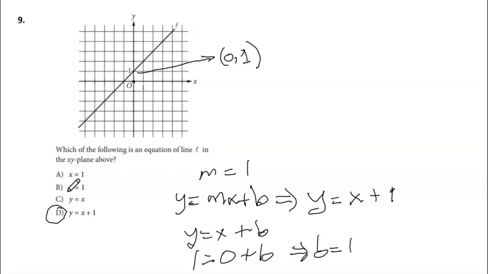Same thing applies here. y is equal to 1 means we moved here and then we stayed there. So it's a straight line which is parallel to the x-axis. So you can play around with these. And y is equal to x is basically a line going through the origin.